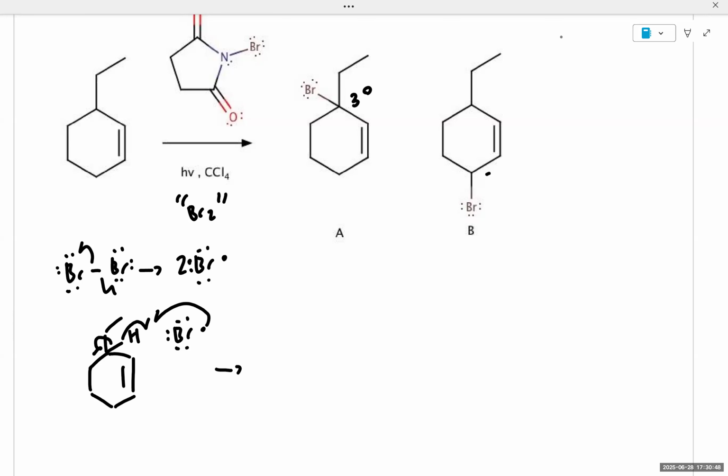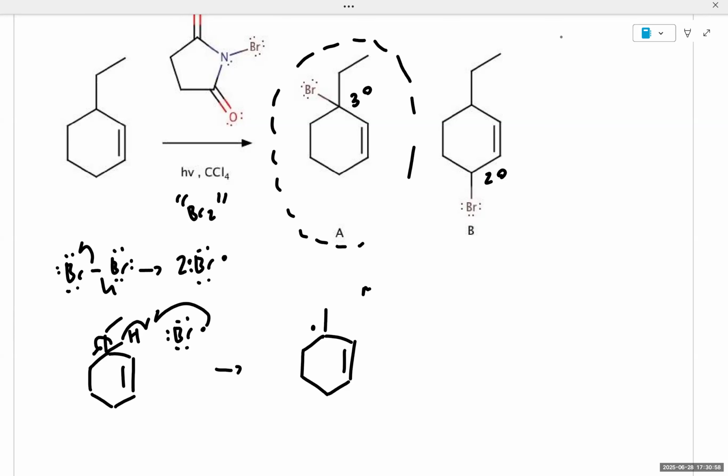Because this position is tertiary versus the secondary position, we're going to see product A form because the radical that leads to product A is the most stable radical.